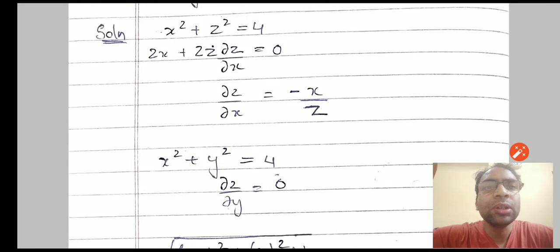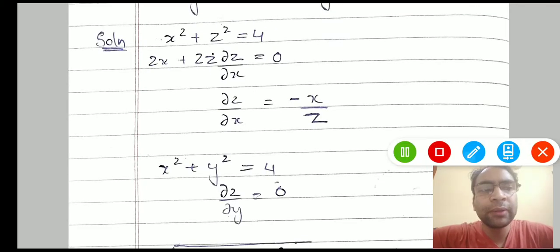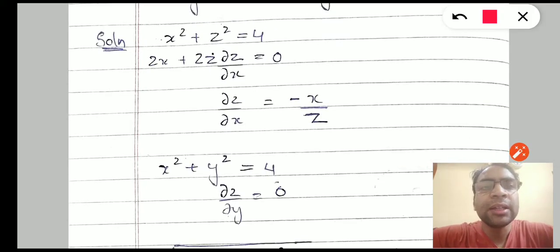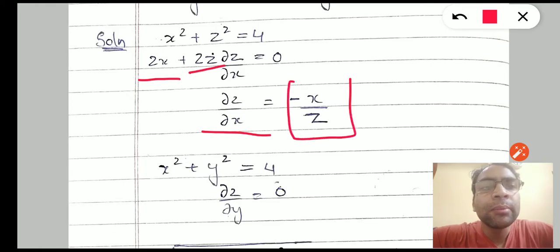To calculate del x upon del z and del y upon del z, we will be using these equations. From the first given equation, we can calculate del z upon del x by partially differentiating this equation with respect to x. So x square becomes 2x, z square will become 2z del z upon del x, from which del z upon del x comes to be minus x upon z.